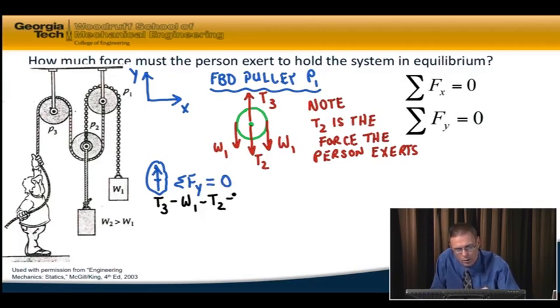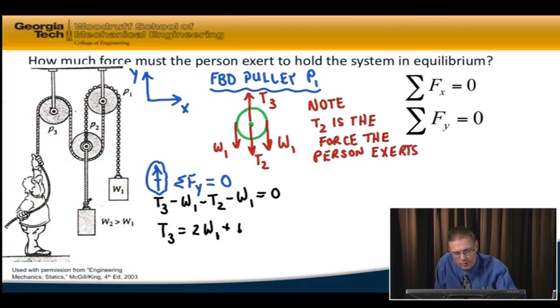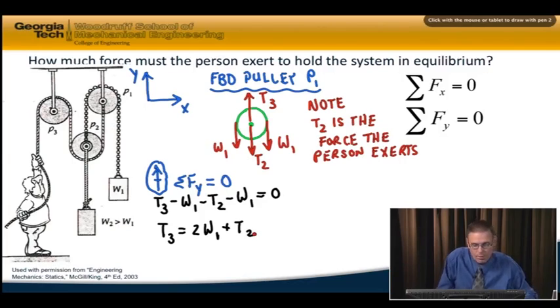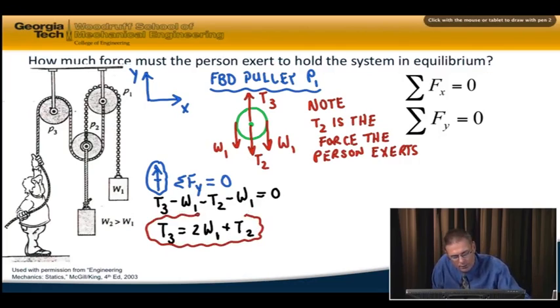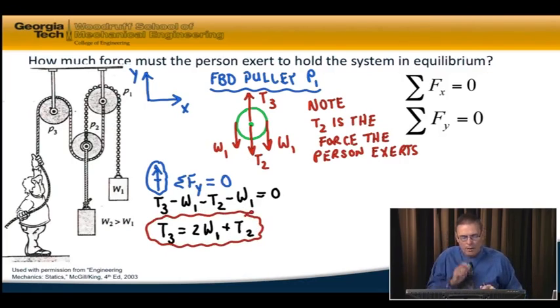And the weight 1 on the other side is down, so it's negative. And all that has to equal 0. And so I end up with T3 equals 2W1 plus T2. That's my equation that results from that force balance.